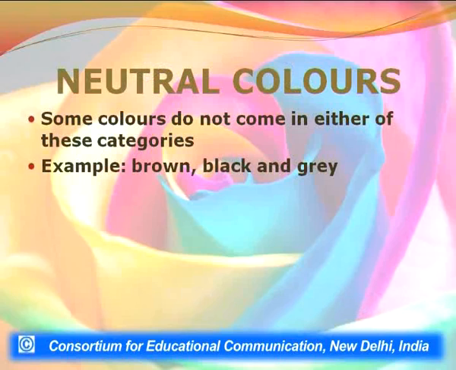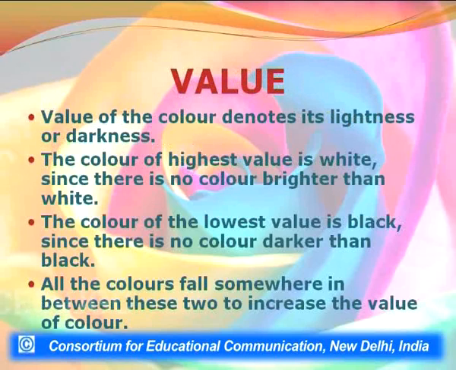Apart from warm hues and cool hues, there are a few colors which do not come under any category, and these are brown, black and grey. The next quality of color as given by Munsell is value. Value of the color denotes its lightness or darkness.